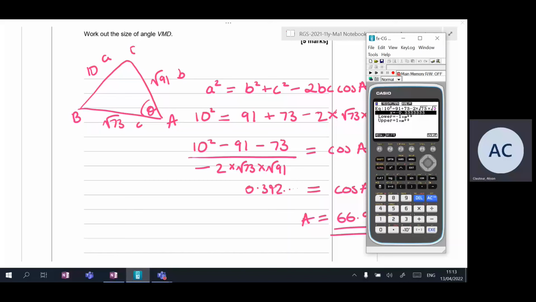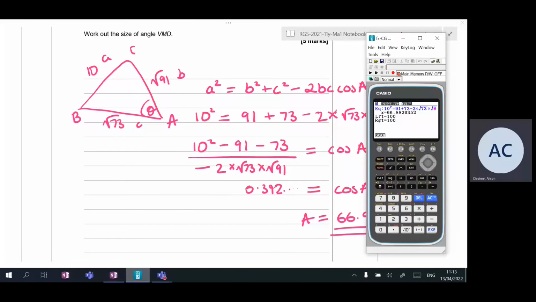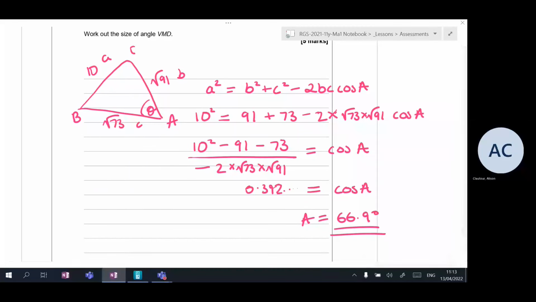If you type it in exactly as it is and press solve, you just need to be careful with these limits. We know it's going to be an acute or an obtuse angle, so put 0 to 180, and it should work better. So there you go, solve: 66.9. So I know I've rearranged it correctly. But just be careful, we have to have those limits. I don't normally use limits on solver, but obviously we do want a constraint on the angle.